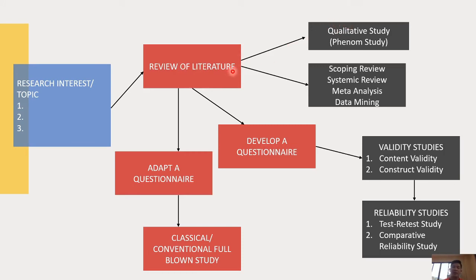And if the topic is well known or rich in literature, the student or researcher may do a scoping review, systematic review, or may play with the numbers of research results and do meta-analysis and data mining.